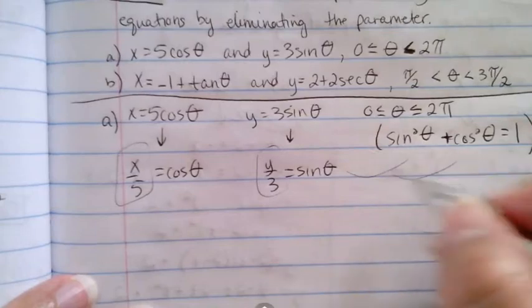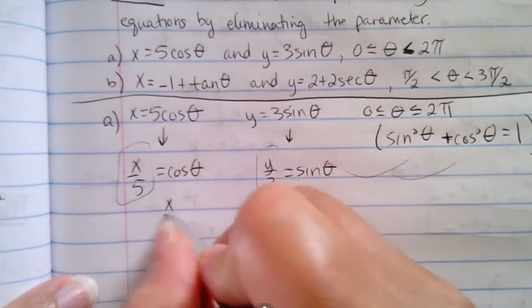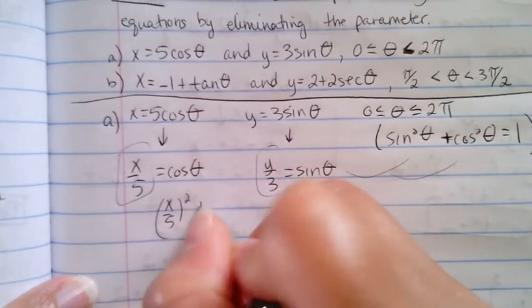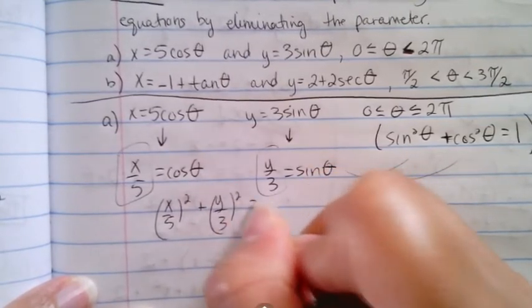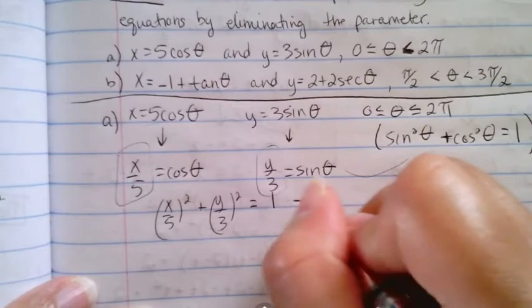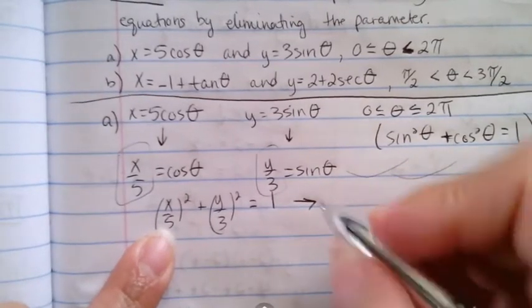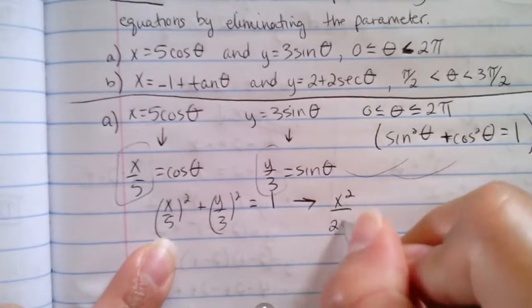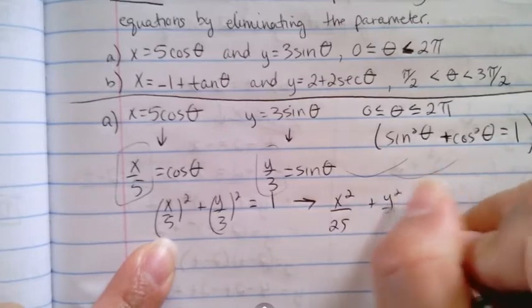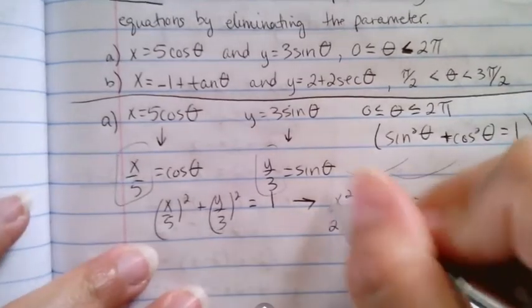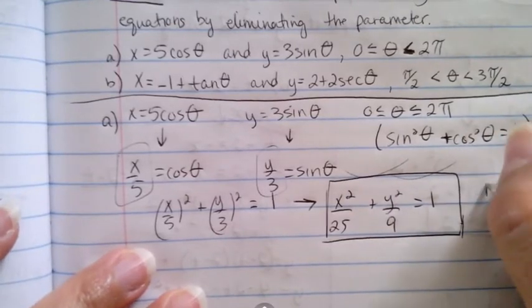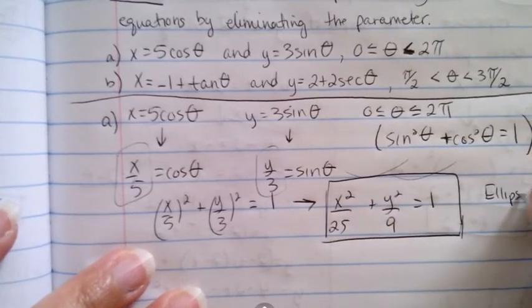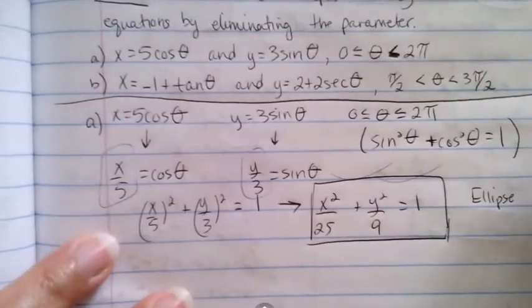So we're going to have x over 5 squared plus y over 3 squared is equal to 1. And then from there, we're just going to square everything. So x squared over 25 plus y squared over 9 is equal to 1. And this is our equation. And we can see that this is an ellipse. Yay, conics, yeah? This is an ellipse.